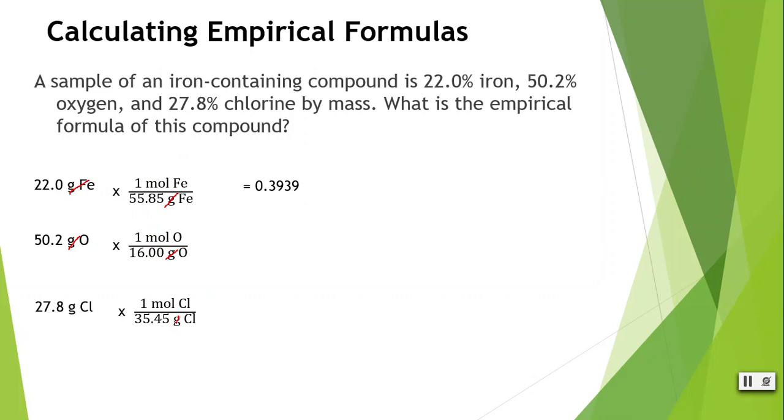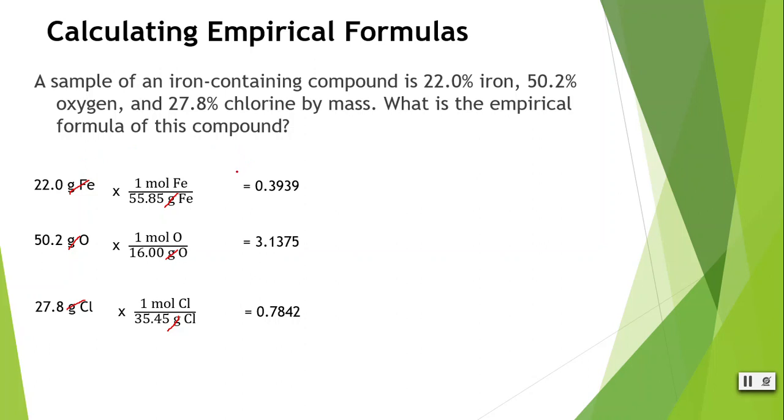Then I go ahead and do the appropriate division. So 22 divided by 55.85 gets this number. Do the same thing for the oxygen and, excuse me, for the chlorine. So step 2 is complete. I have converted my mass of each component element into moles of that component element.